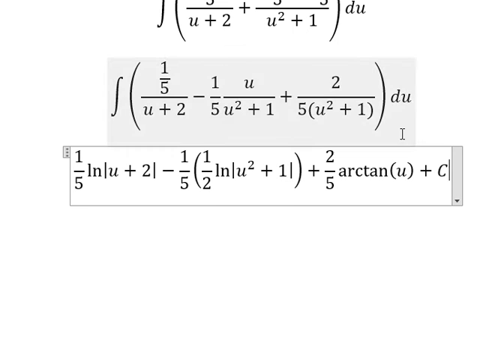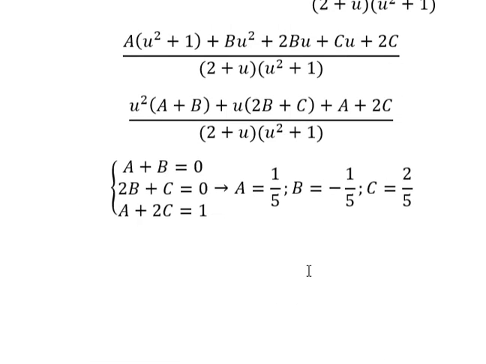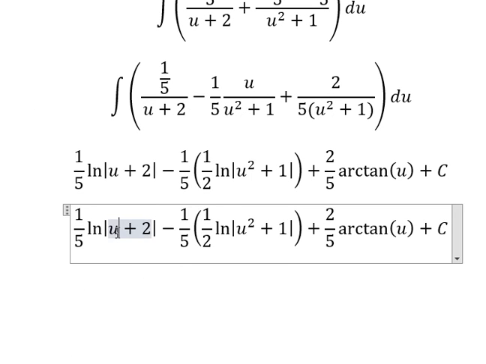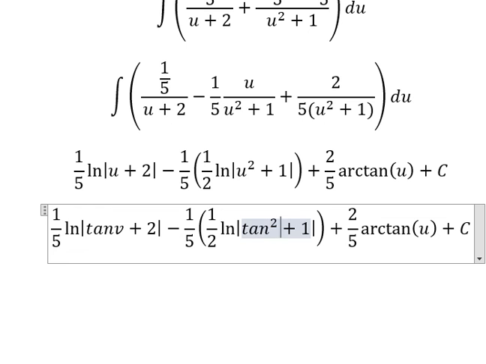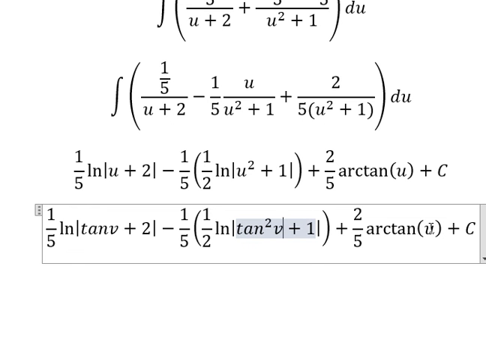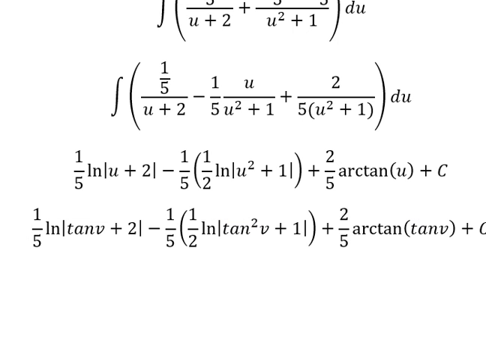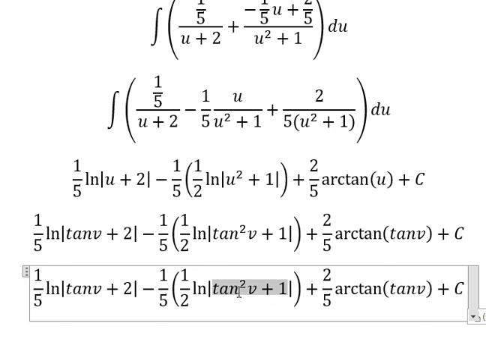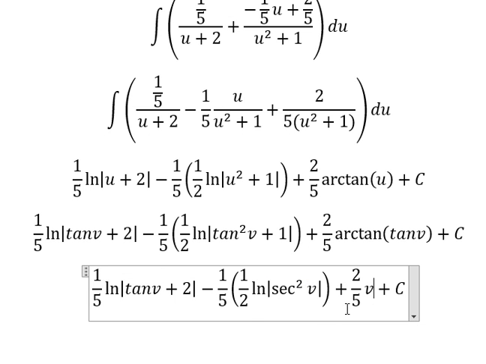And we put plus C. For u, that is this one. So tan v squared plus 1, you get secant of v squared. Arctan with tan, you get v.